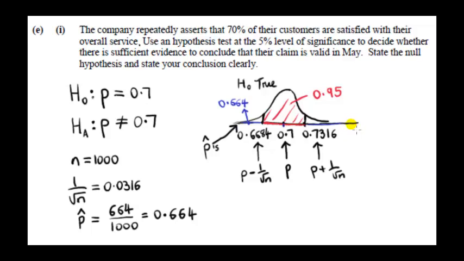It could still be true that the null hypothesis is true. But anyway, that's not what we do. We reject at the 5% level of significance. So we just conclude that we reject the null hypothesis.